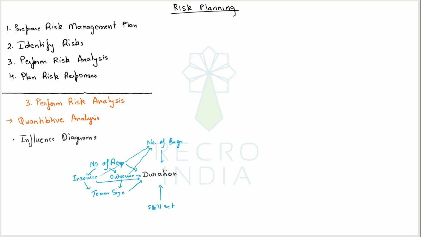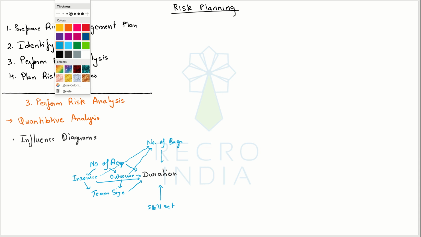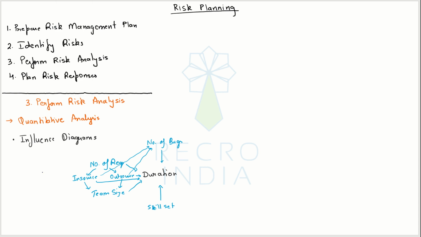Now, coming to the risk elements. Say we have a risk that there's a poor understanding of requirements, which means this risk event will end up impacting the requirements factor, because we might have to redo some of the requirements as our initial understanding was wrong.